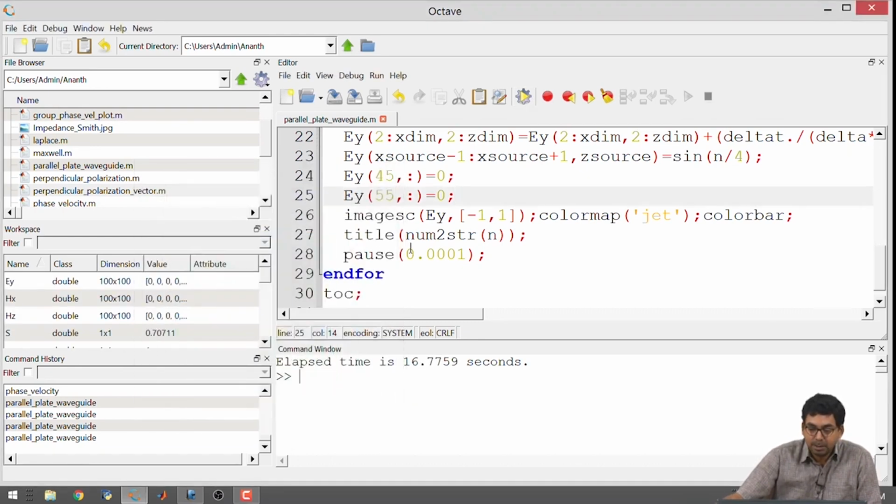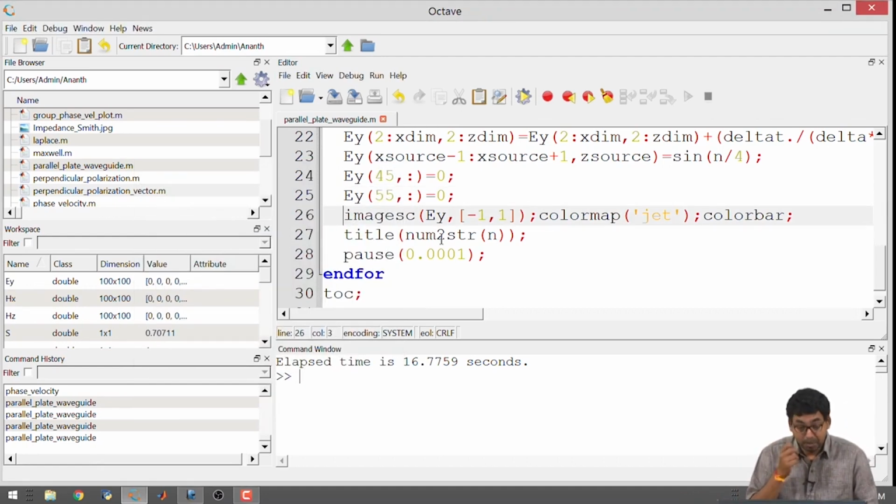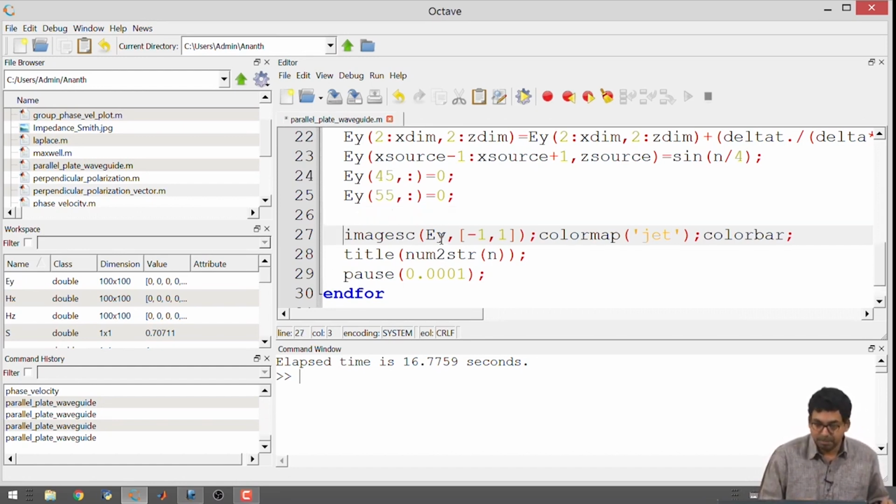Also, one of the things that I notice is that it is giving plots for every instant of time. So, I am just going to make it easier for me.